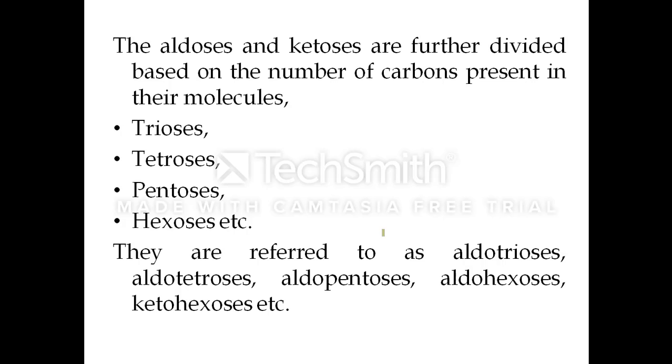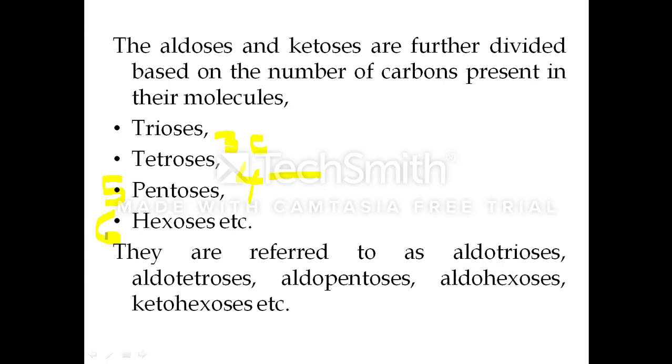Now the aldoses and ketoses are further divided based on the number of carbon atoms present in their molecule. If they have 3 carbon atoms in their carbon skeleton, they are called trioses; 4 carbon atoms, tetroses; 5 carbon atoms, pentoses; and 6 carbon atoms, hexoses.